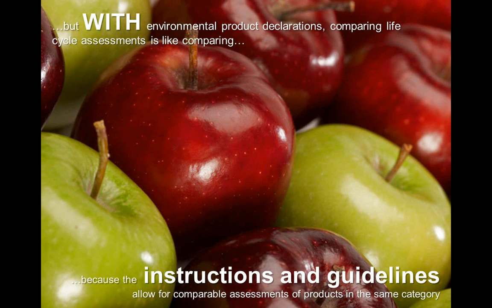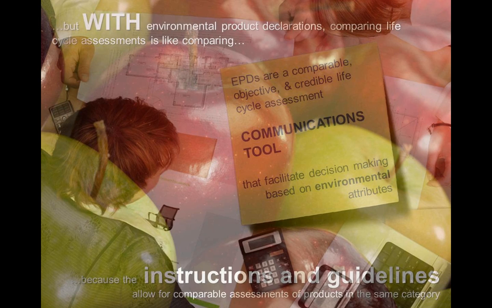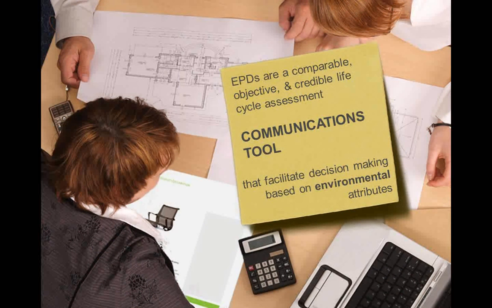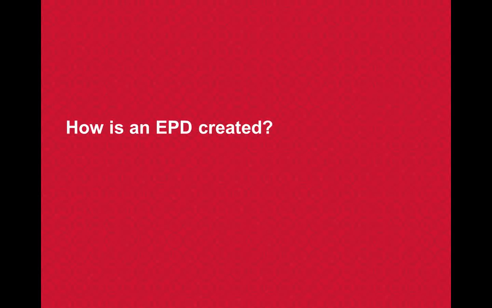But with EPDs, comparing life cycle assessment is more like comparing apples to apples. This is because you have a set of instructions and guidelines that allow for comparable assessments of products in the same category. So in summary, EPDs are credible, they're objective, and they're communication tools that are based upon life cycle assessment. And they really facilitate decision making based upon environmental attributes.